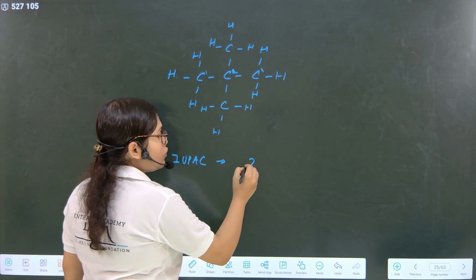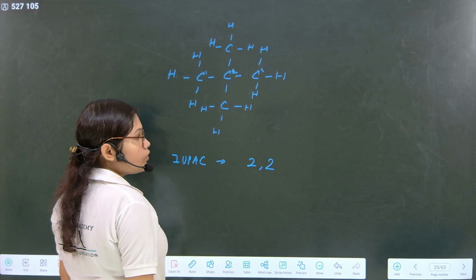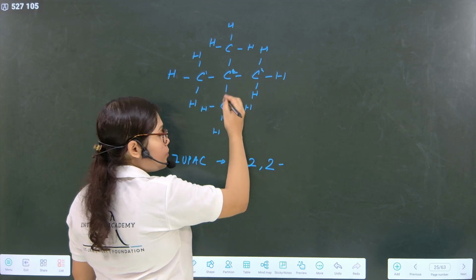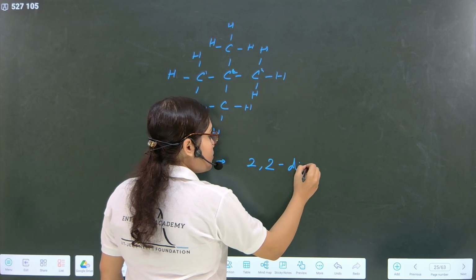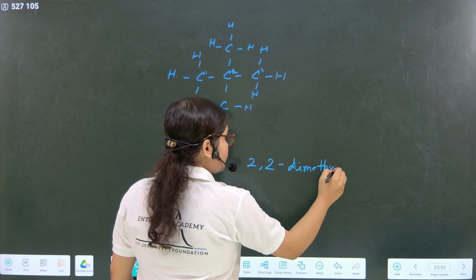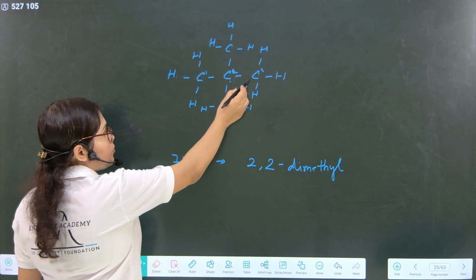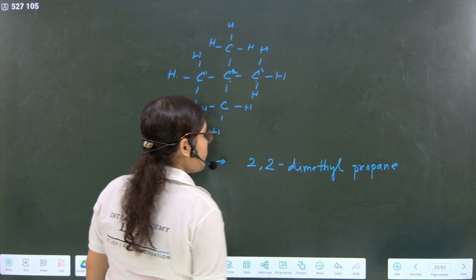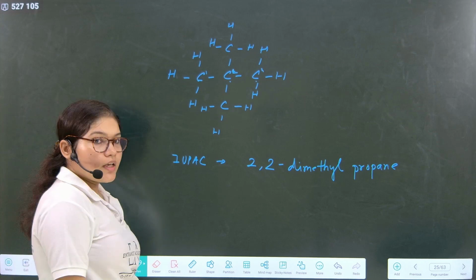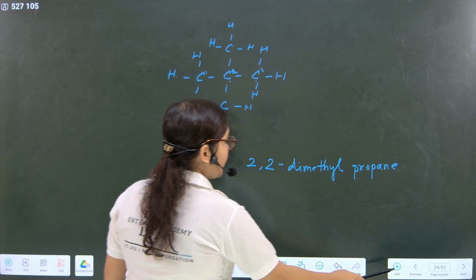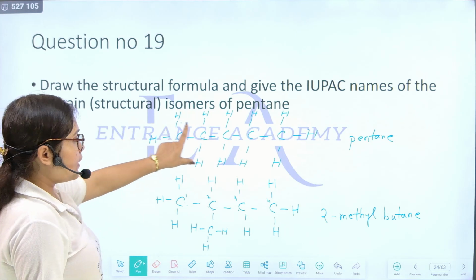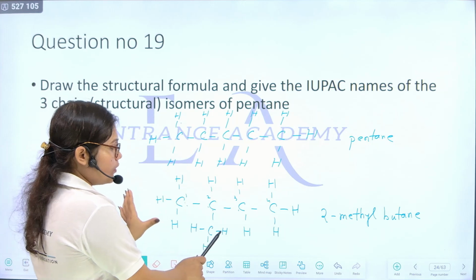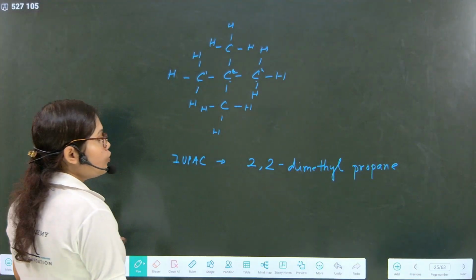So the position is 2,2, and because 2 methyl groups are there, dimethyl, and the root word is propane. This is the third chain isomer of pentane. First one is pentane, the general structural formula. Second one is 2-methyl butane. Third one is 2,2-dimethyl propane.